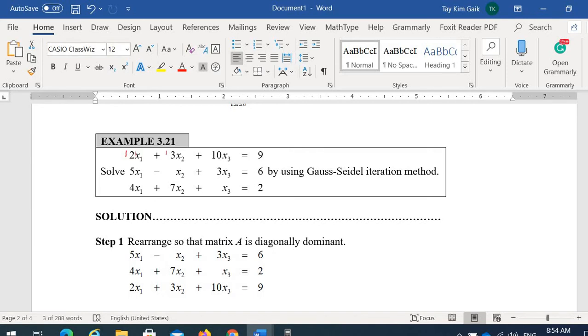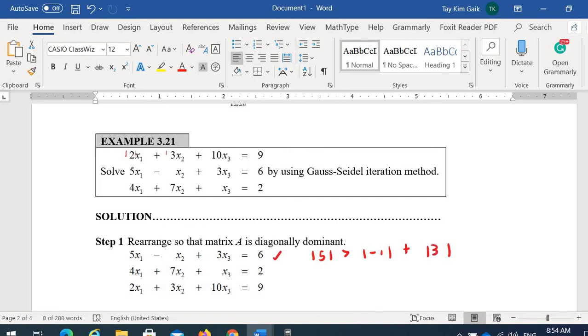However, if we swap the second row to become the first row, now you see the modulus of 5 is greater than the modulus of -1 plus the modulus of 3. So the first row is safe.